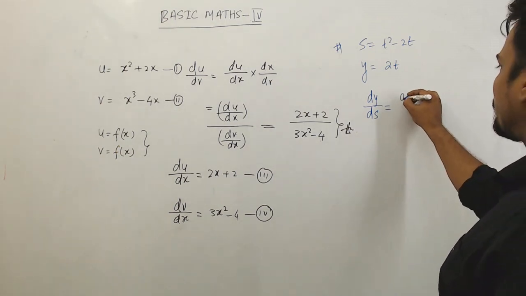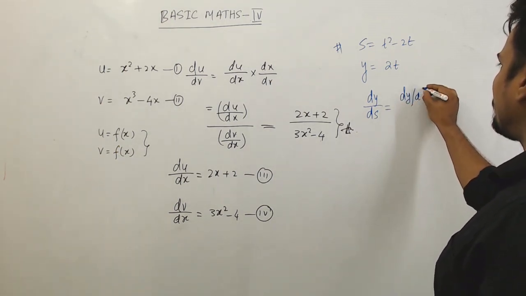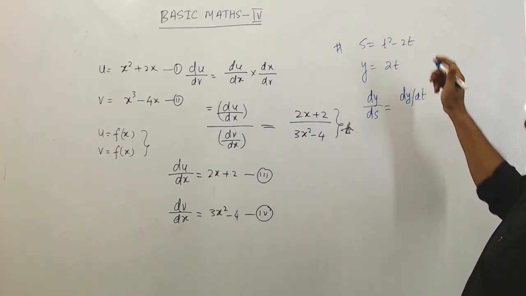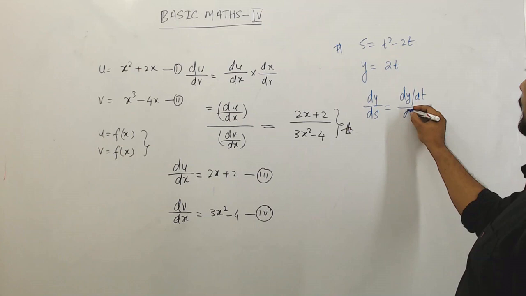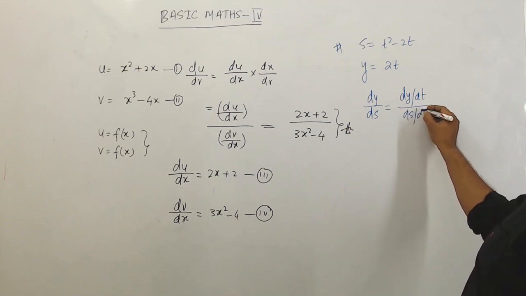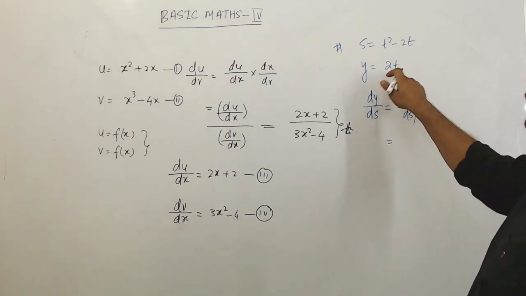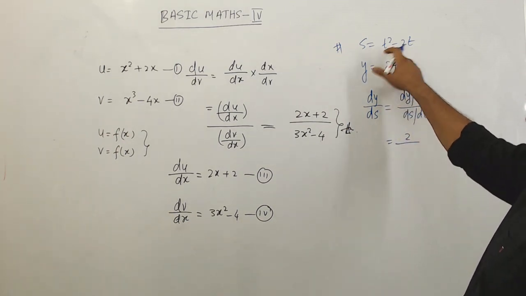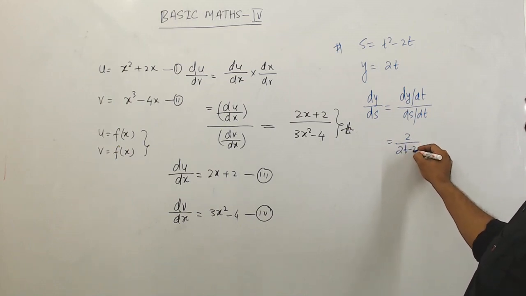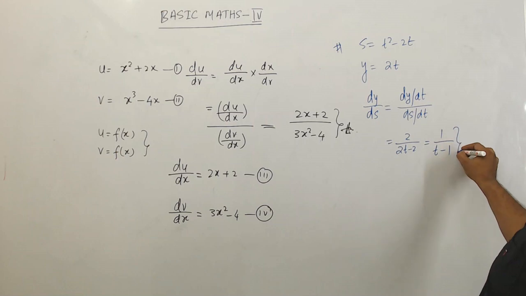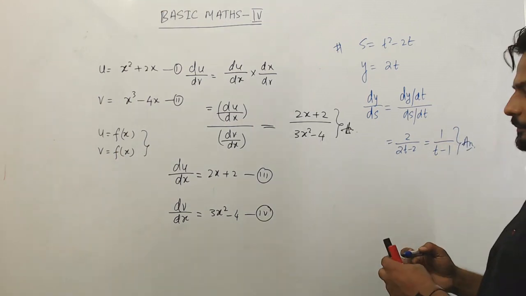I'm going to find dy upon dt, because y is a function of t, as well as s is a function of t, upon ds upon dt. We'll do it and we'll just substitute it over here. Not a big deal. So dy upon dt should be 2, and ds upon dt should be how much? 2t minus 2. You take the 2 common, you will be having t minus 1. Well, that is your answer, isn't it?